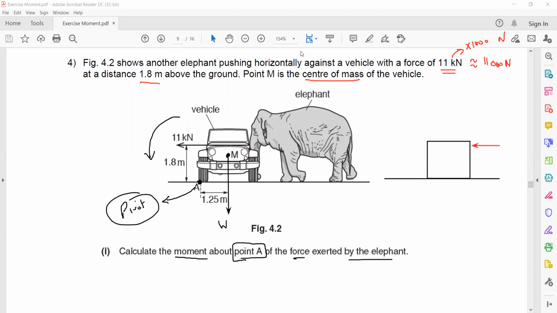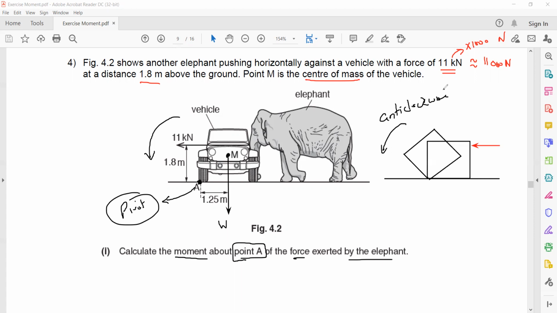The car can topple or rotate about that point. So which direction is this car rotating? Because it is opposite to the direction of the clock, it will be anti-clockwise.